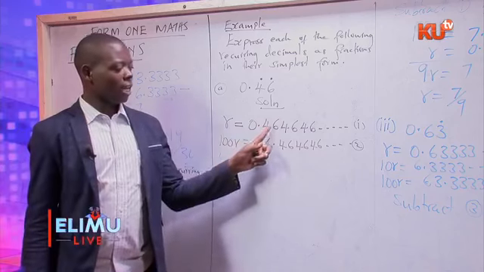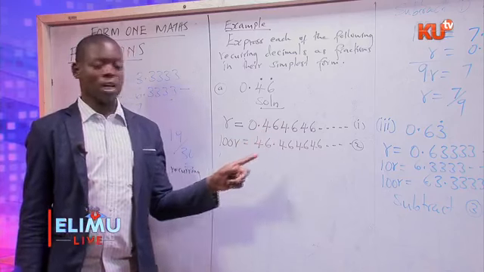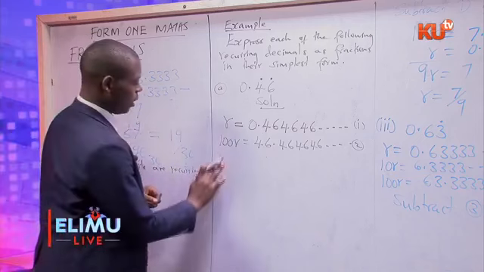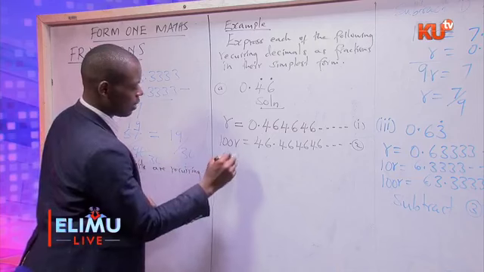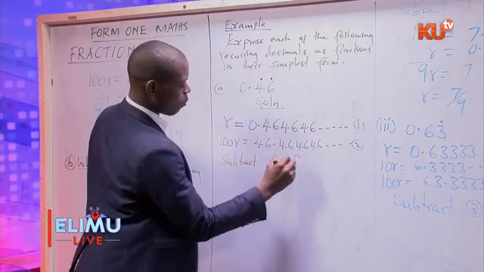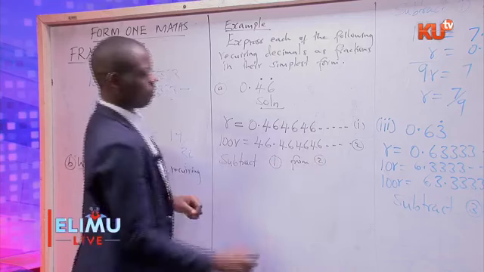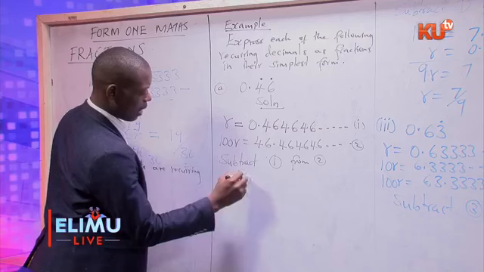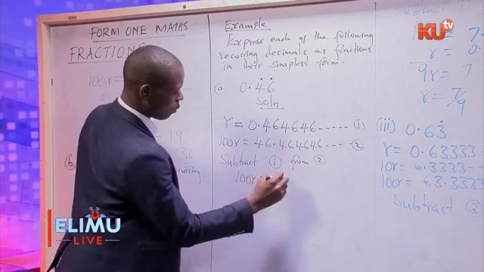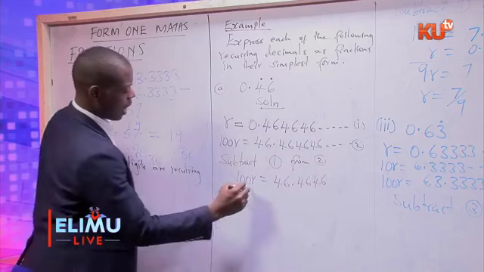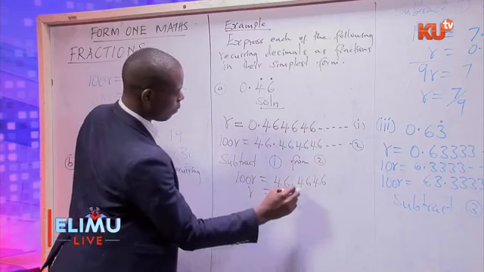If you look at equation 1 and equation 2, you can subtract and obtain a 0. So what you do is you subtract equation 1 from 2. That is to mean 100R is equivalent to 46.4646, and R is equivalent to 0.4646.